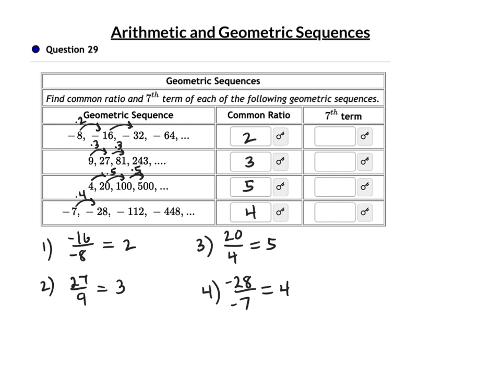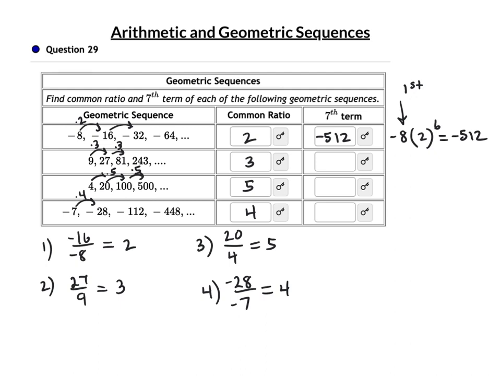Now let's find the 7th term. For the first sequence, it starts at negative 8. I'm going to multiply by 2. Because this is the first term, I only have to multiply by 2 6 times. I get negative 512.